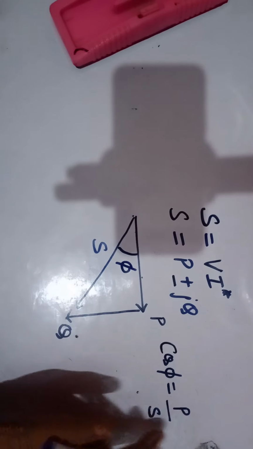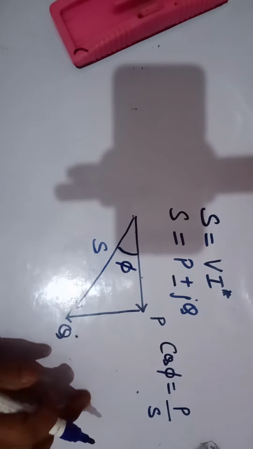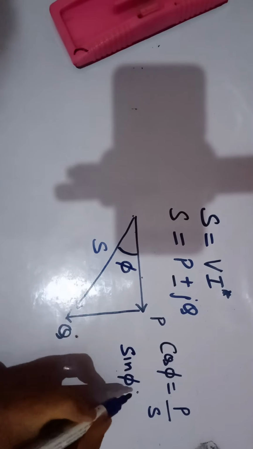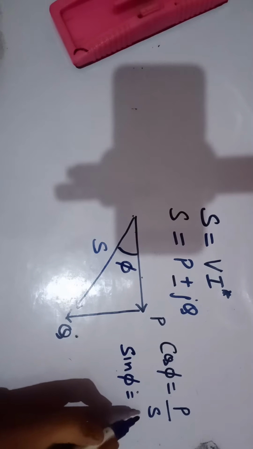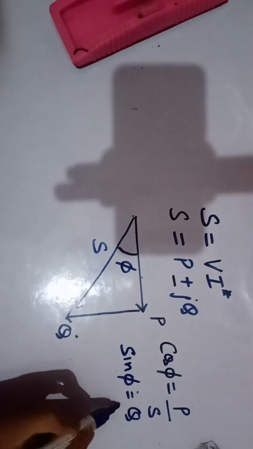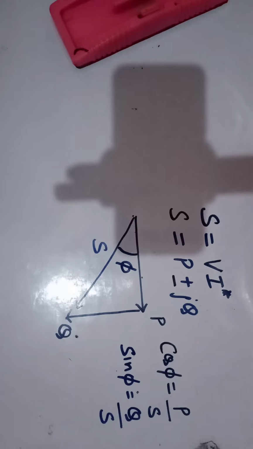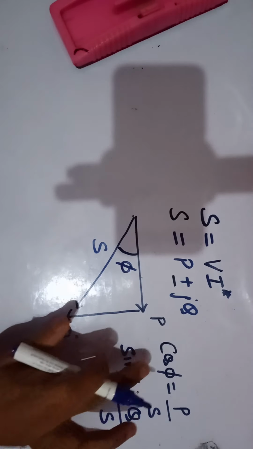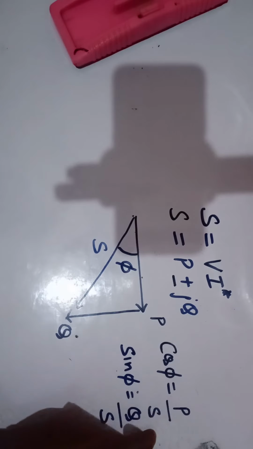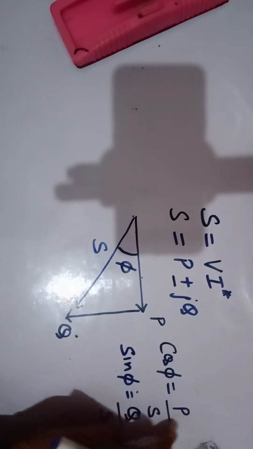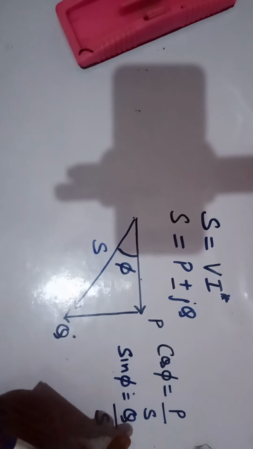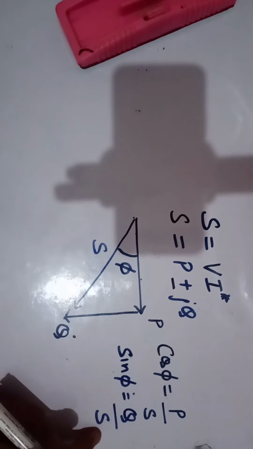I have explained it in terms of P and S. Similarly, sin phi is Q by S. So power factor has a relation with power also. Cos phi is the real power upon apparent or complex power, and sin phi is the reactive power upon the apparent power.